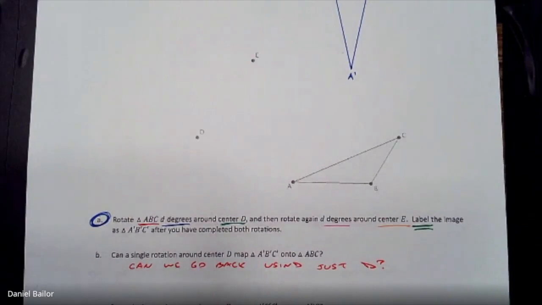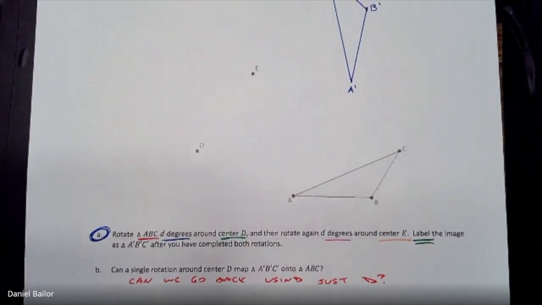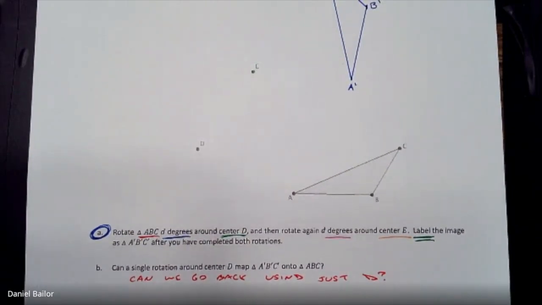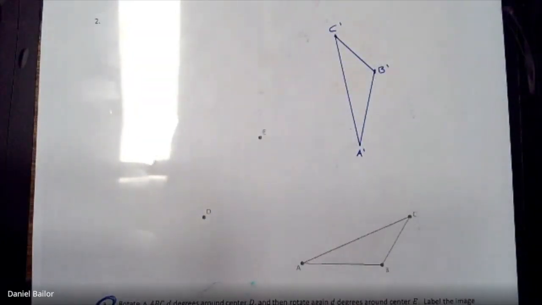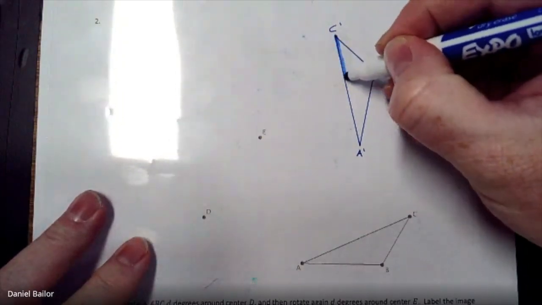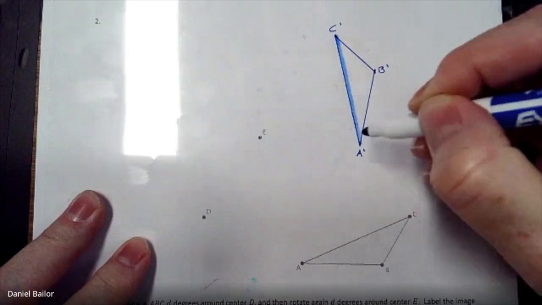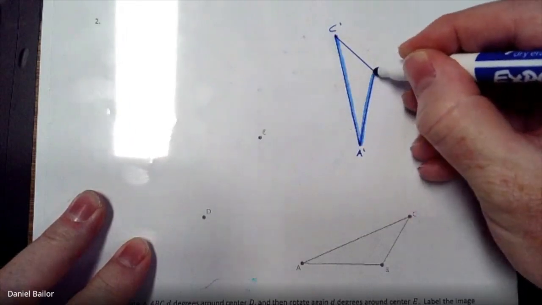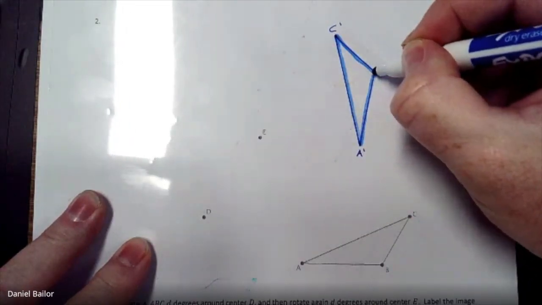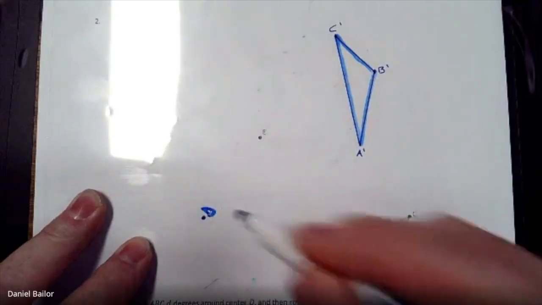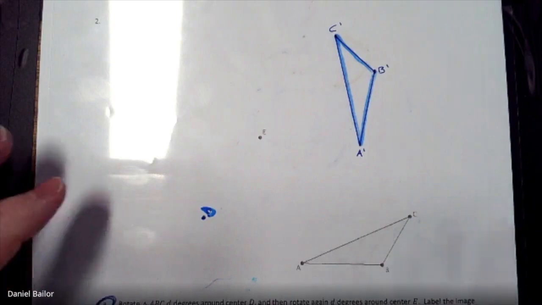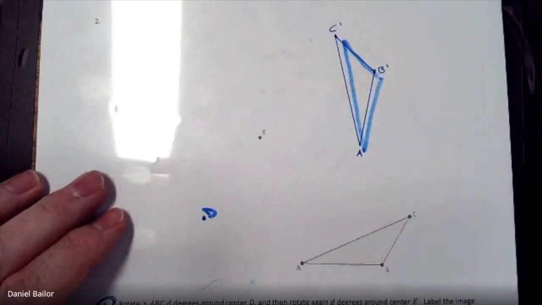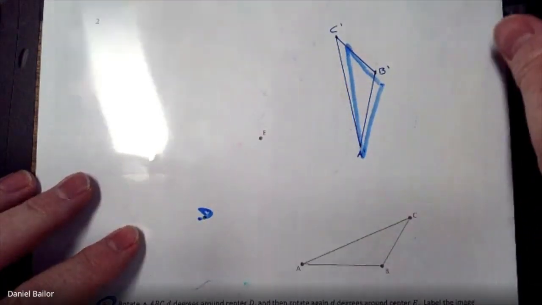Let's try it. Let's see if we can go back using just letter D. So here's my transparency again. I'm going to trace the triangle I made, and I'm going to put a dot on D and see, can I go back if I just use D?